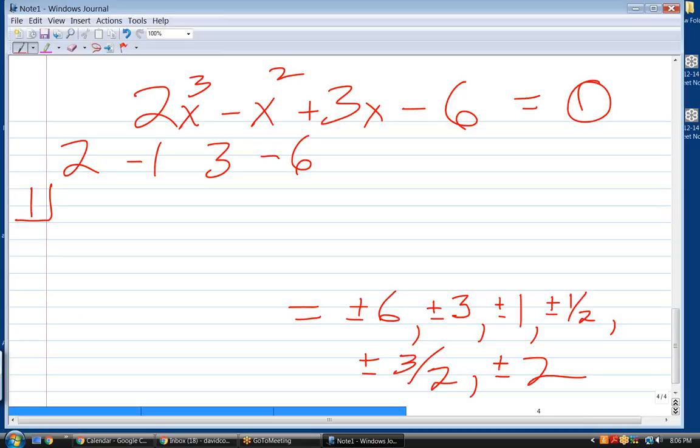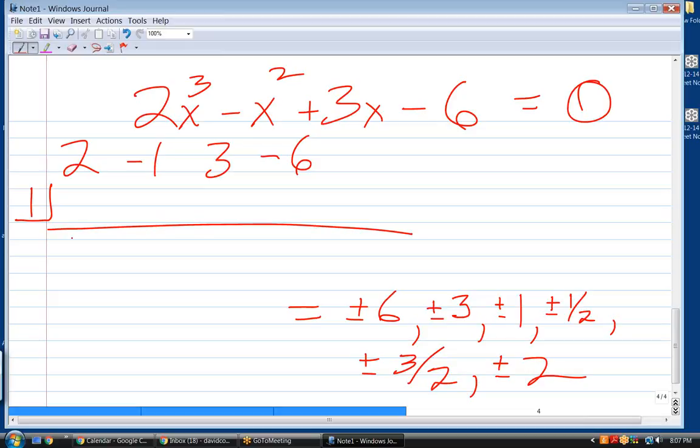It's the remainder of 0 that's the key. As soon as I get a remainder of 0, I'll know that that's a solution. Not only that, but I'll have the quadratic that's left over when I divide x minus this number into this. I can then factor it, and so I can find all 3 solutions. If I can just find one, I'll know what the other quadratic is. Okay, so let's do this.